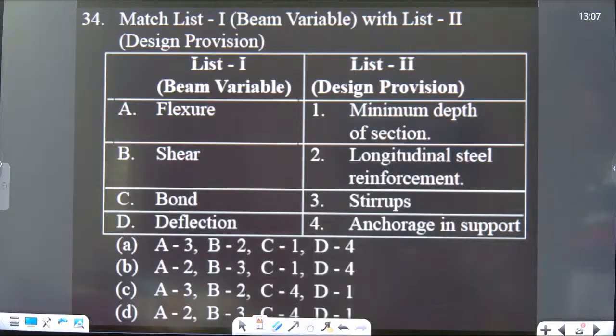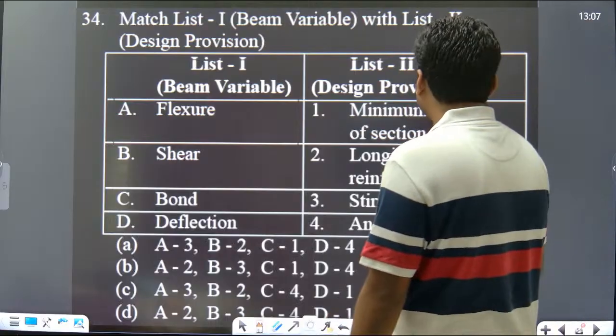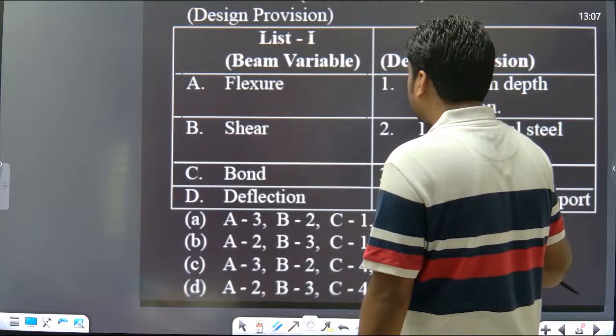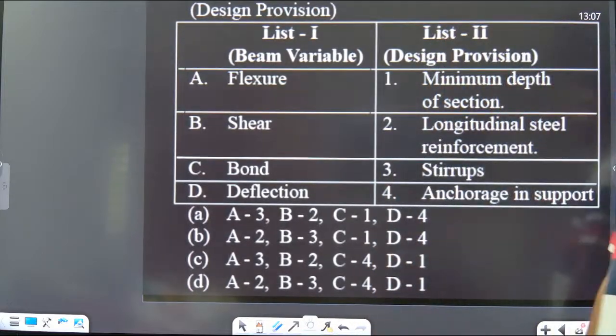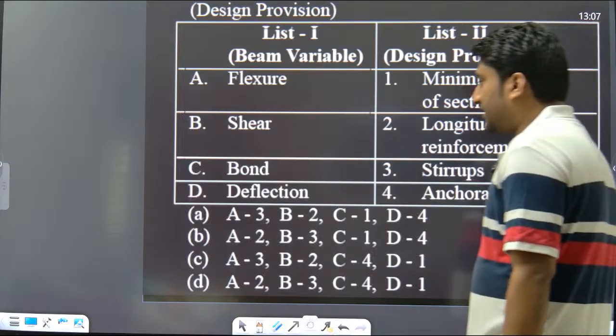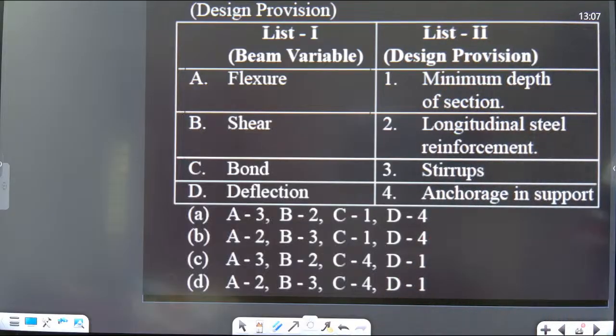Last two questions. So answer it. Flexure, shear, bond, deflection.